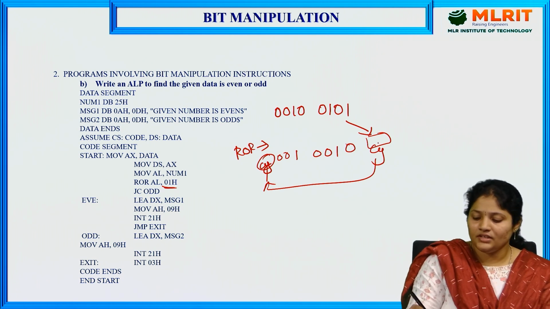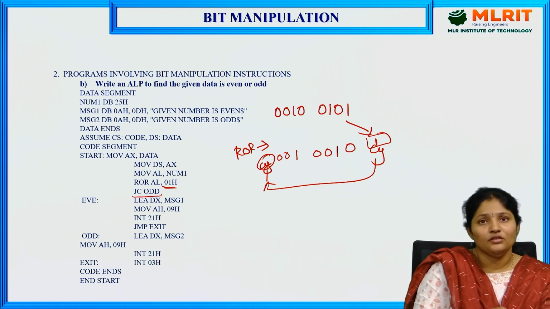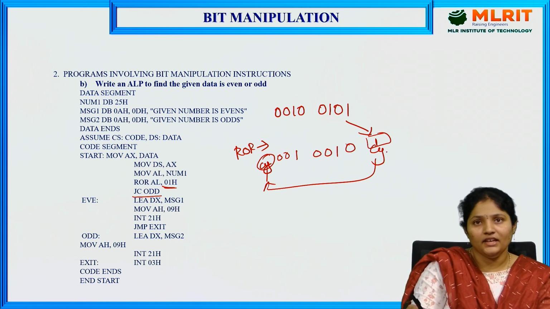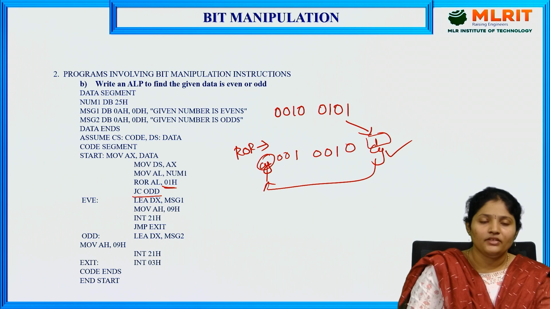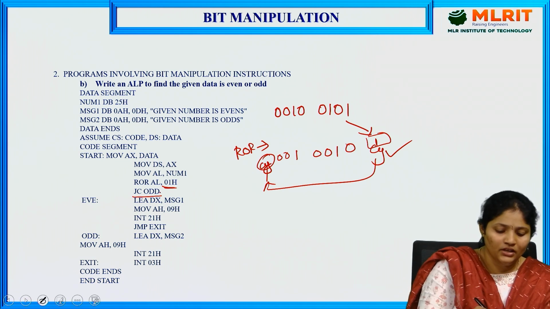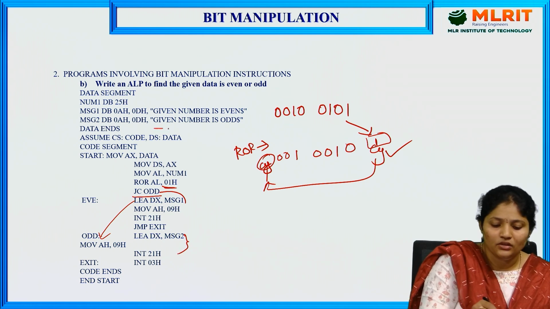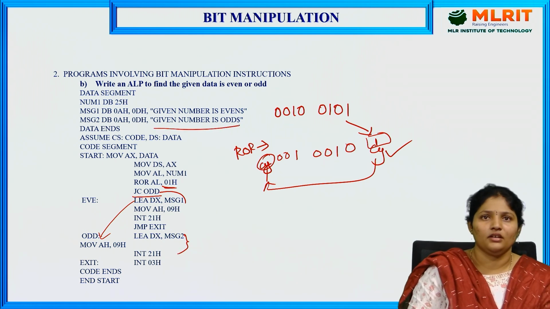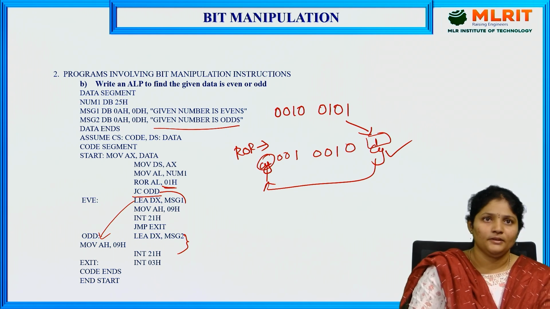So what is the carry here? 1. Now we are checking JC, jump if carry. Is there a carry? Yes, 1 is present in the carry bit, so the number is an odd number. It will jump to the odd label. The odd label displays the message: given number is odd. So the given number 25 is an odd number.